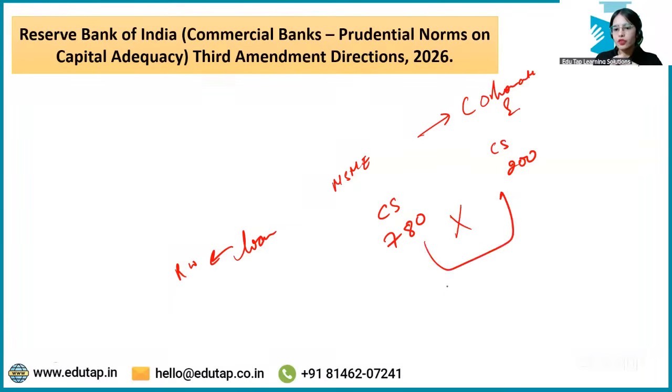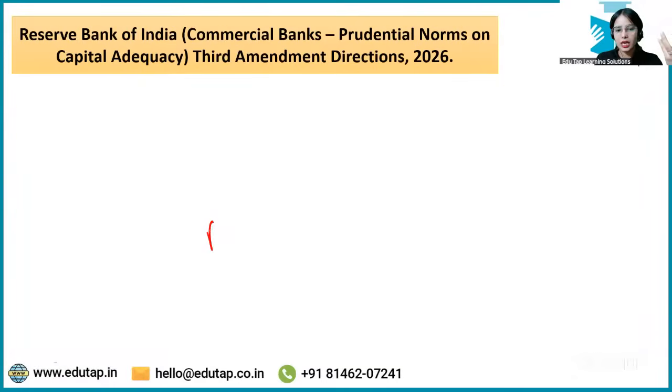So on the basis of your risk, there are risk weighted assets. The loans, they have different risk. Against the risk weighted assets, what does the bank have to maintain? If the bank knows that risk is there, the bank has to maintain the capital against the risk weighted assets.